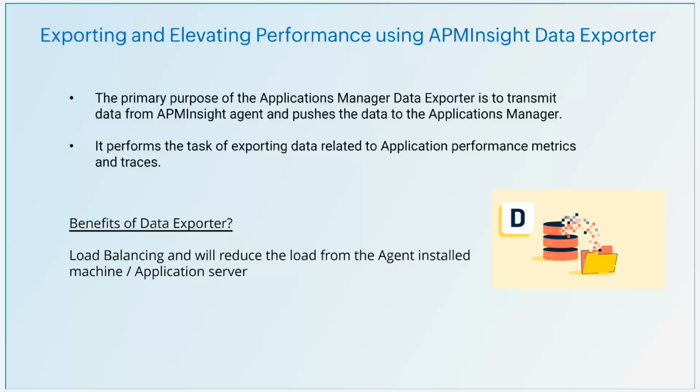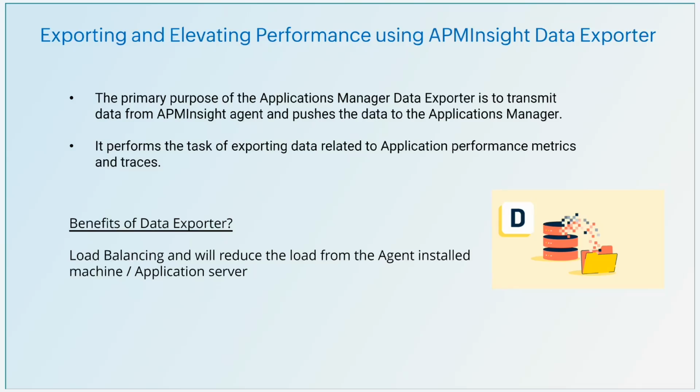Its purpose is to export the data related to the application performance monitoring. The data exporter will operate as a separate independent process, which means it will run independently from the other components or services within the Applications Manager.